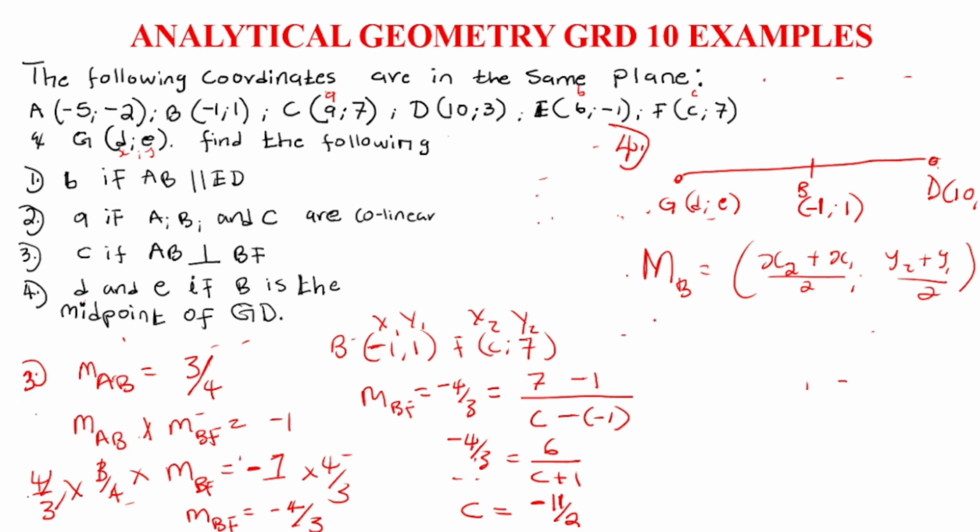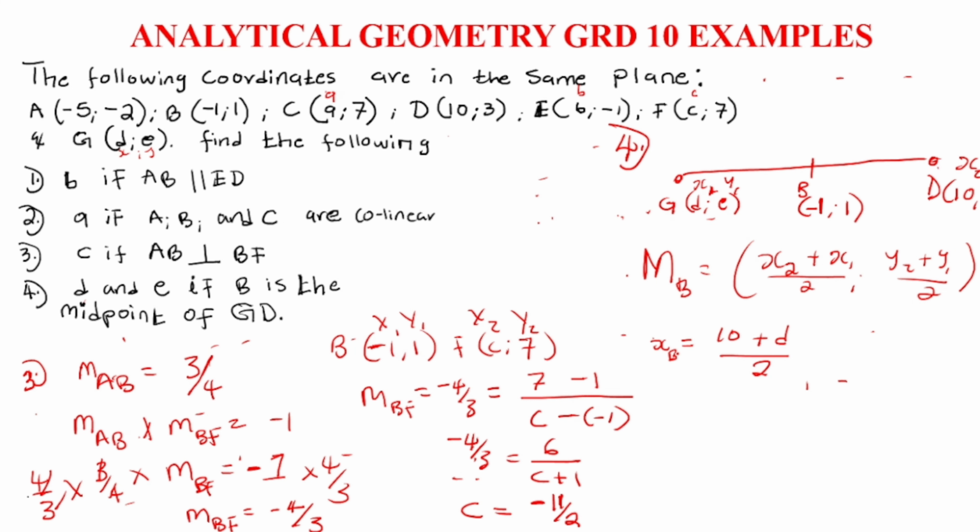The x coordinate at B should be equal to x2 plus x1 over 2, so x2 is 10 plus x1, which is D, all over 2.